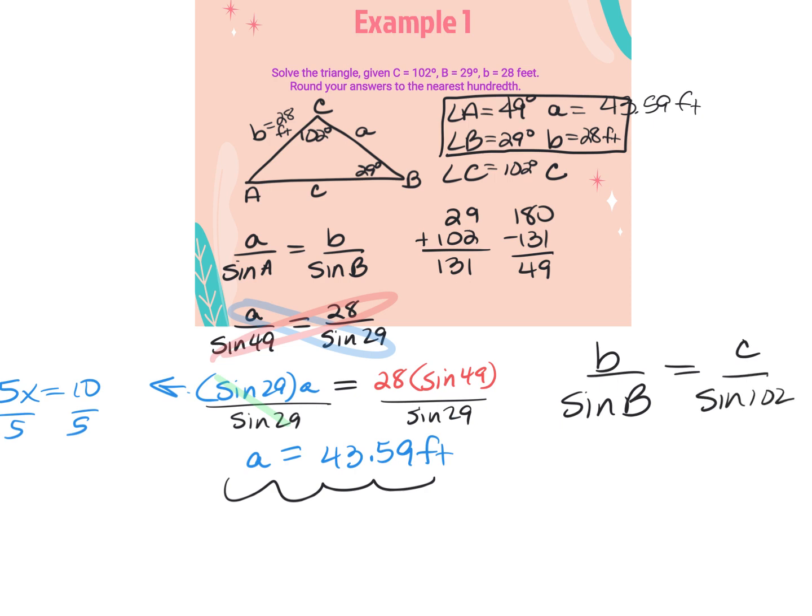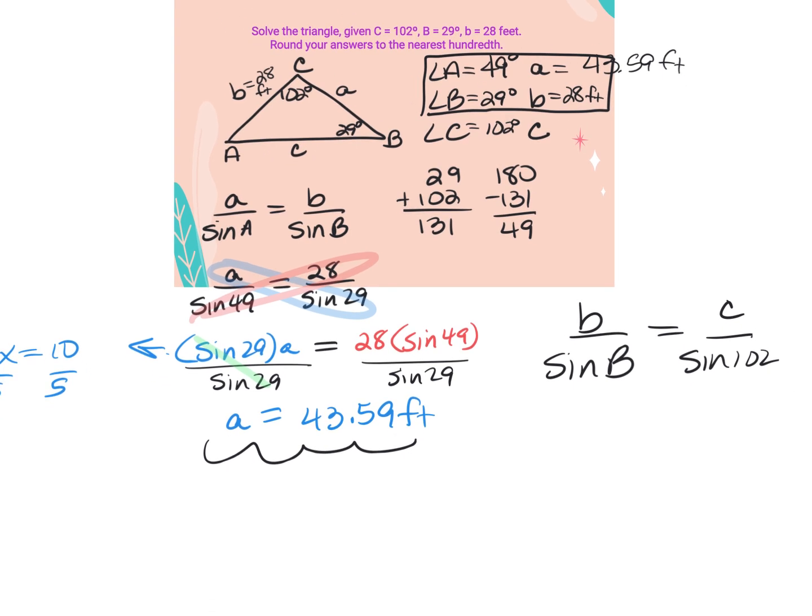And now again, I'm going to cross multiply and divide. Oh, I need to fix that, because I know B, not C. It should be a 28, because that was given to me from the beginning.